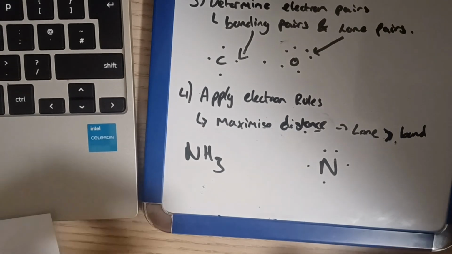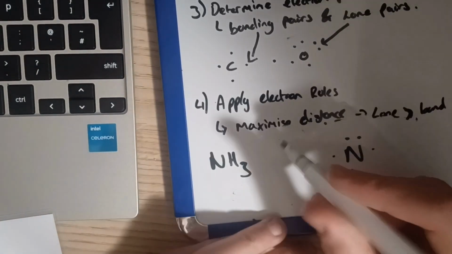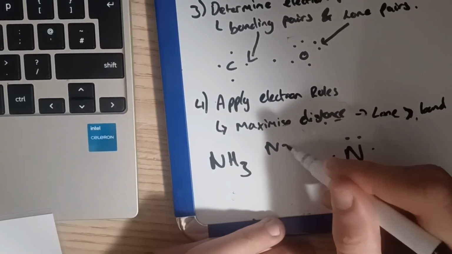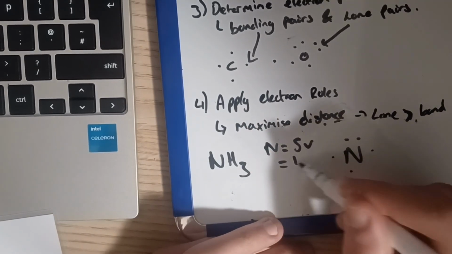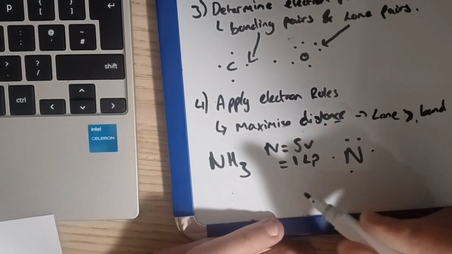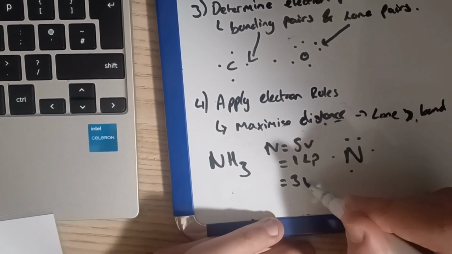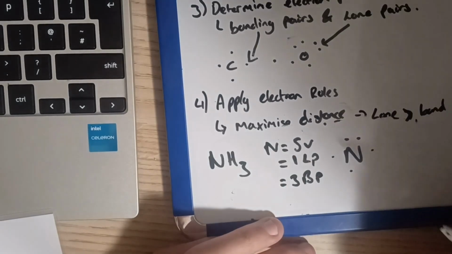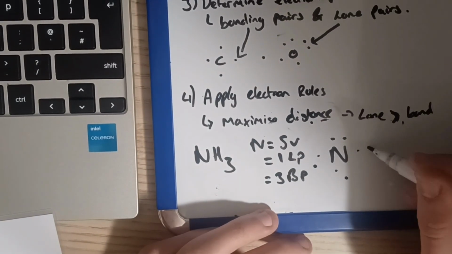Now, as you can probably already tell, there is a cheeky lone pair. So nitrogen has 5 valence, but also has 1 lone pair, meaning nitrogen has 3 bonding pairs. This one, and this one.